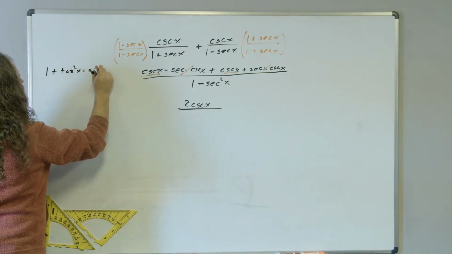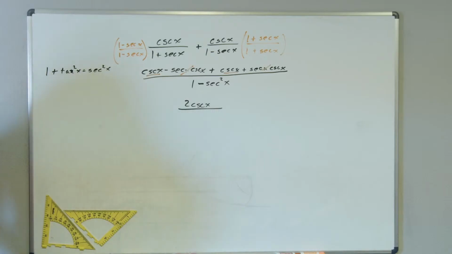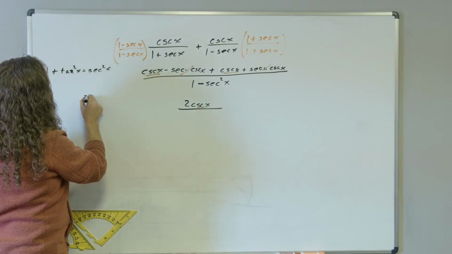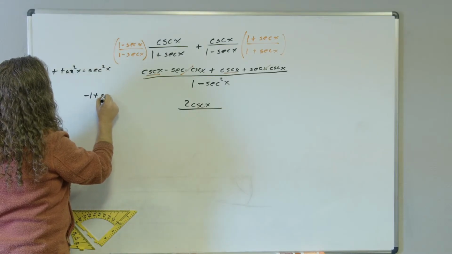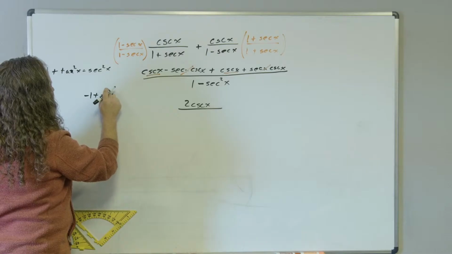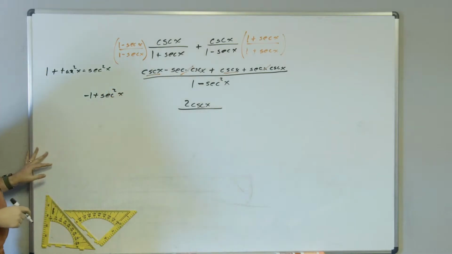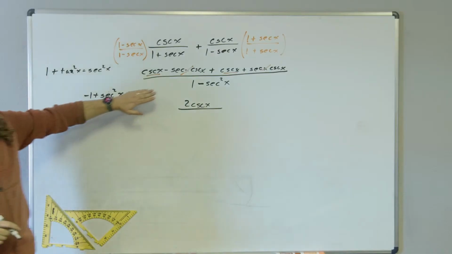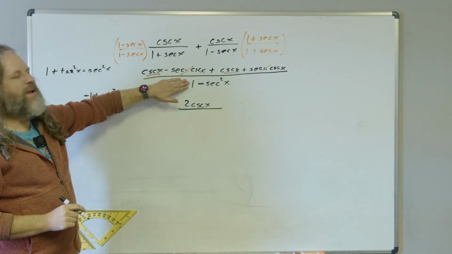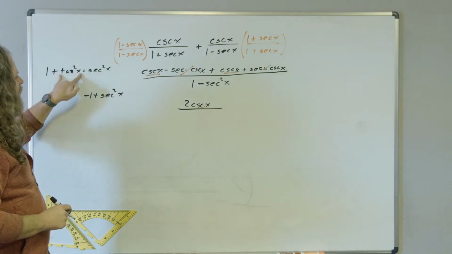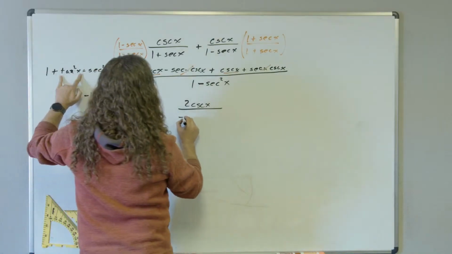Oh, wait a minute. It's not negative one. If we subtract this, we end up with negative 1 plus secant squared x, which is exactly opposite of this, which means it equals negative tangent squared.